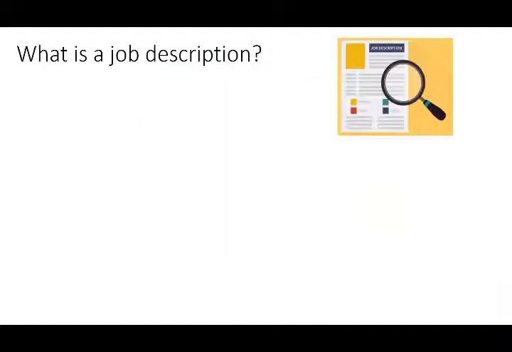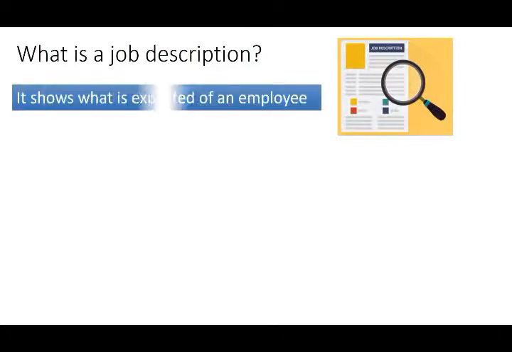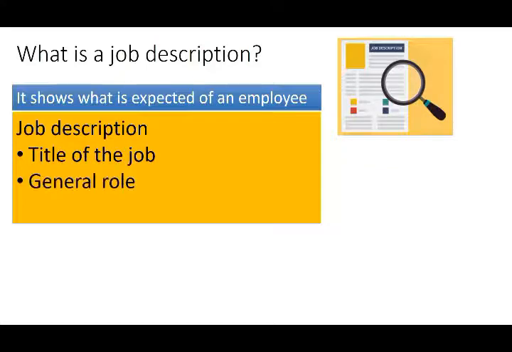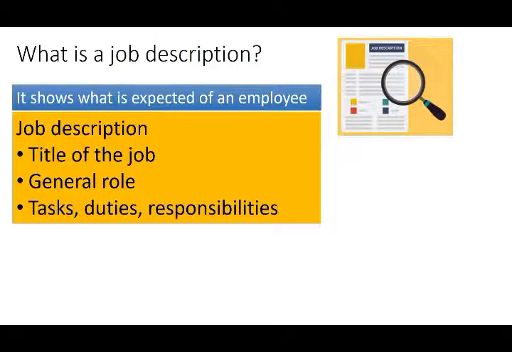Job description. What do you think is a job description? By the name, job description. Okay, the job description shows what is expected of an employee. So it should include the job title, the general role, what you would have to do in a job, your tasks, duties, and responsibilities.